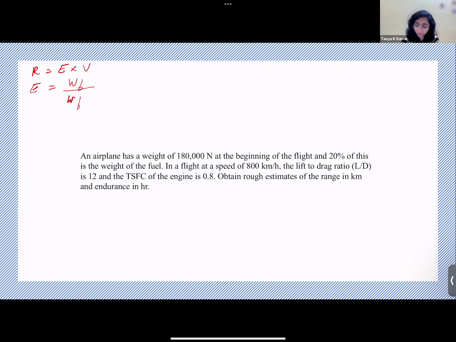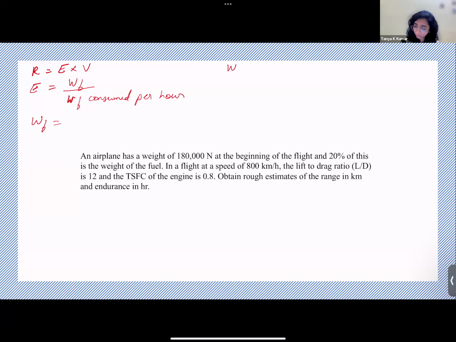Weight of fuel consumed per hour. So they've asked you in hours, I've just taken that. So total weight of fuel by weight of fuel consumed per hour. Now let's find out the total weight of fuel. Weight of fuel is what? 20% of the initial weight.